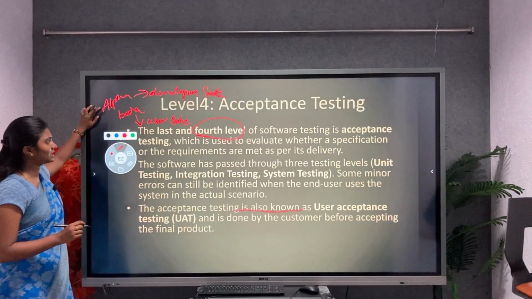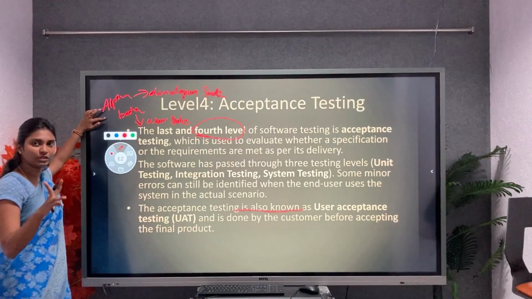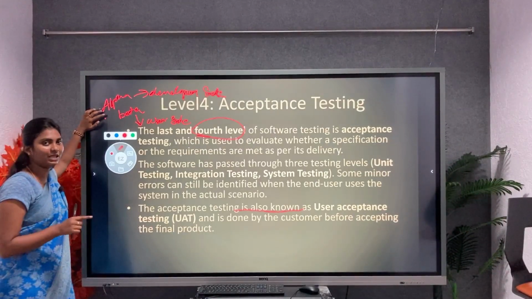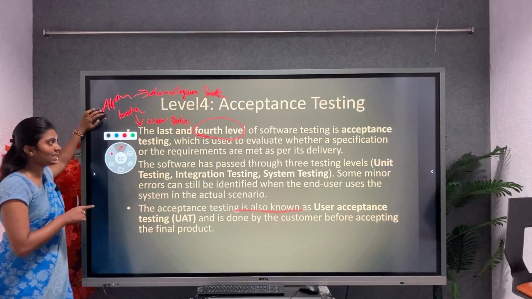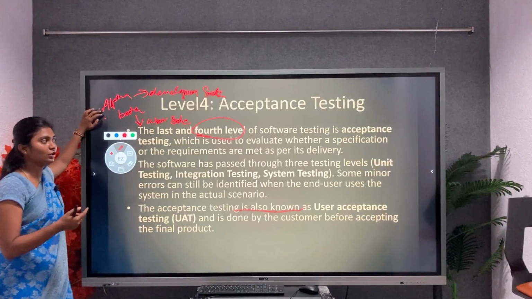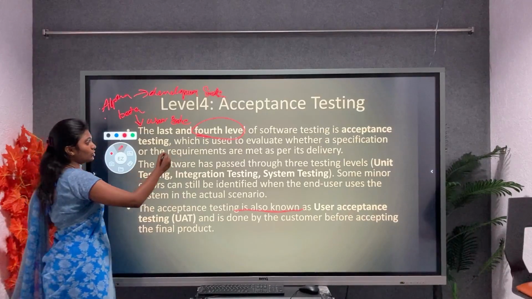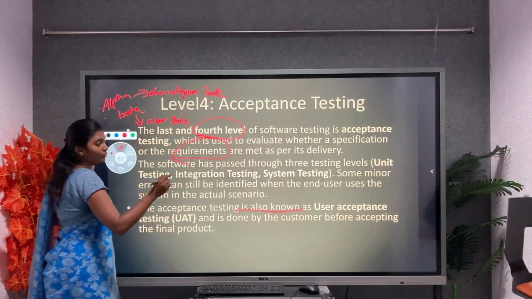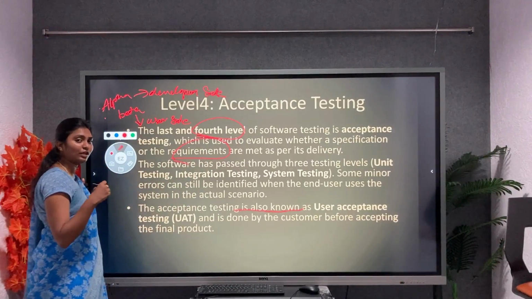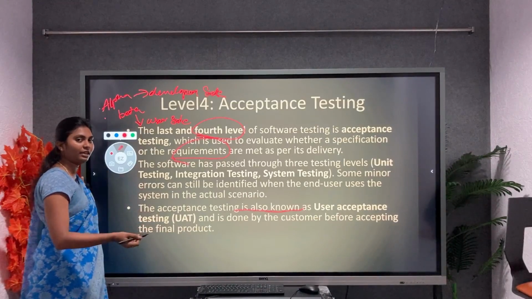So alpha testing and beta testing are the two testing methods used in acceptance testing. Acceptance testing will also define the specifications of the requirements to deliver the data.